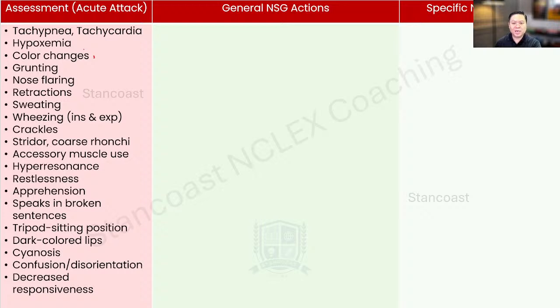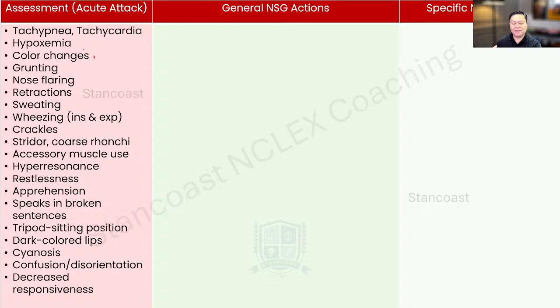You probably would not really have to use the stethoscope around this time because the wheezing is very audible even in the inspiratory phase. And the patient will end up with some crackles, coarse crackles, stridor, and they're going to have that rhonchi.